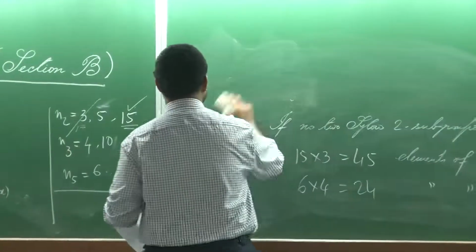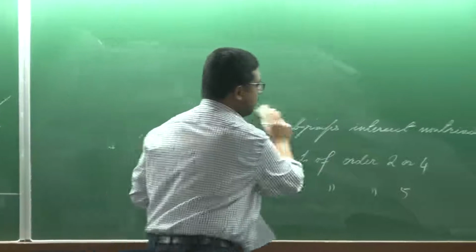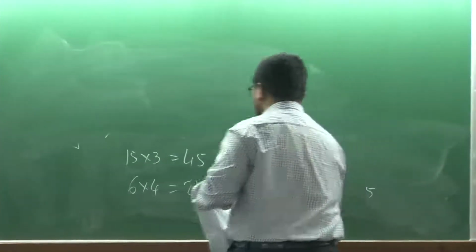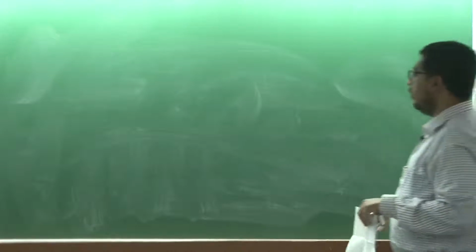So, enough of applications of Sylow's theorems. Now, we will again get back to classifications of p-groups. As I have already said, when the order is small, one can classify p-groups without much difficulty.